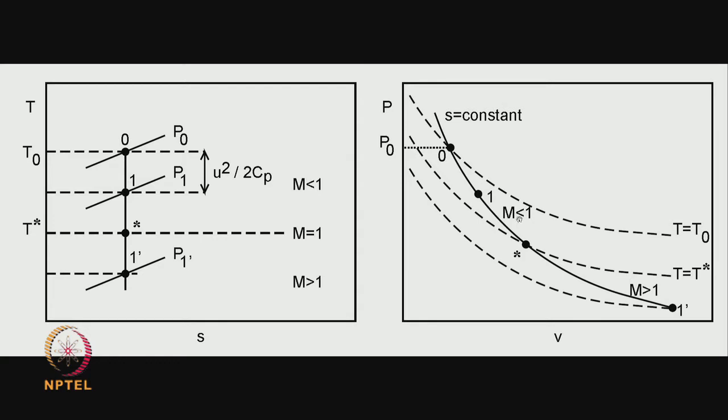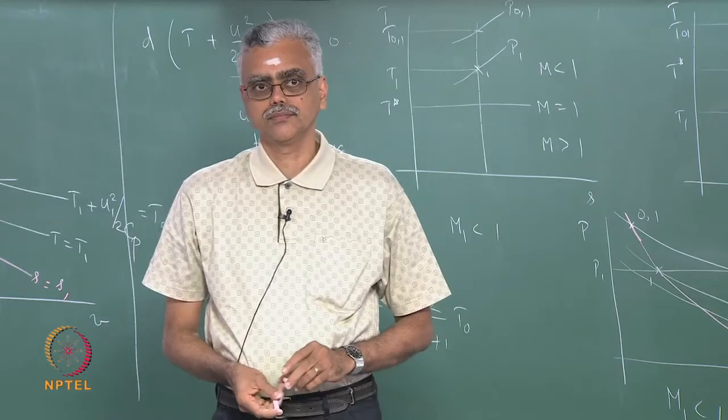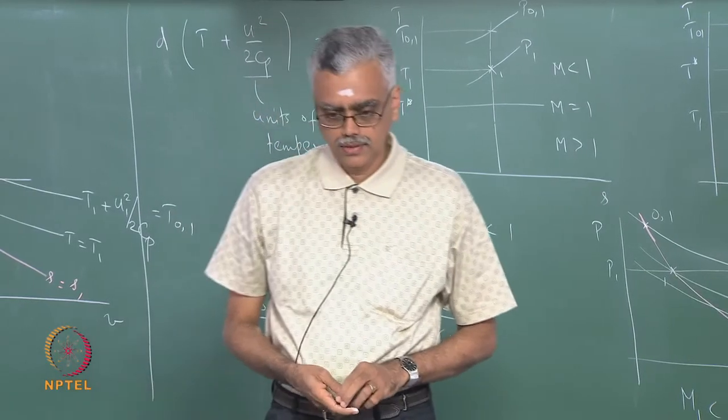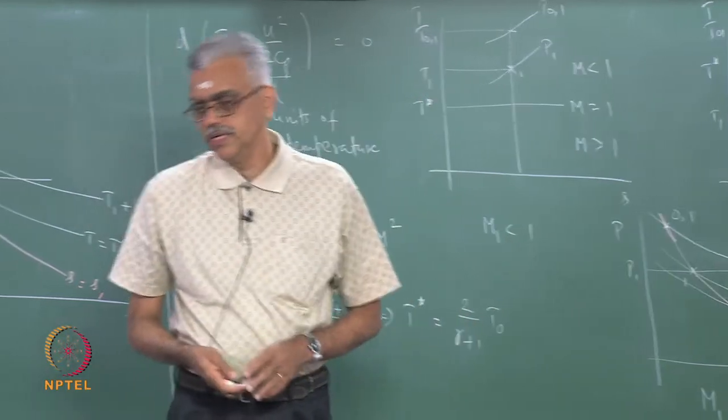So, subsonic states lie above this isotherm along this S equal to S1 line, and supersonic states lie below this isotherm along this S equal to S1 line, provided the flow is isentropic. Otherwise, we can show the process exactly and then go from there. Okay. Are there any questions? Okay. In that case, let us move on to the next chapter.